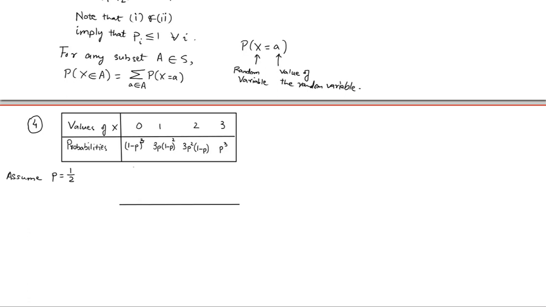Okay, so let's draw these probabilities. So when x is 0, when x is 1, when x is 2, and when x is 3, for 0 you get 1/8.